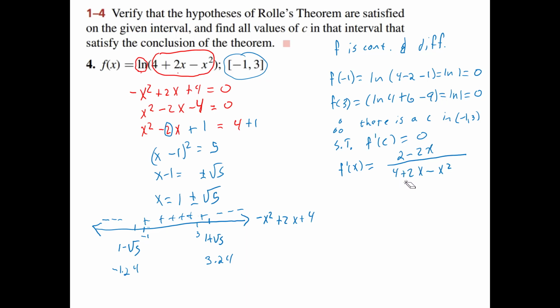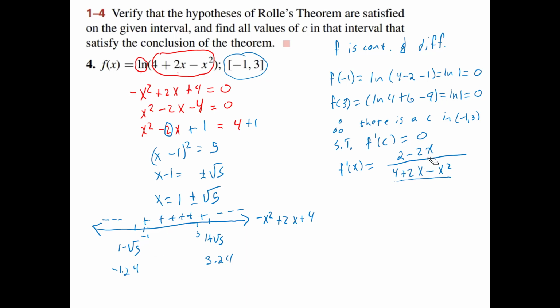What we've already seen is that in the denominator you have the argument, and we've already seen that this expression is 0 at 1 minus the square root of 5 and 1 plus the square root of 5, right? So the derivative is undefined there, but we're not looking at those numbers. We're looking at what makes the derivative 0.